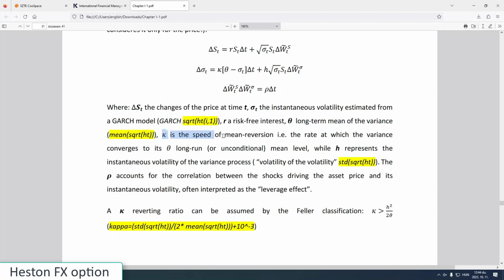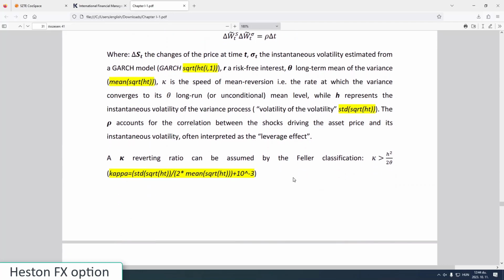We need the speed, how fast the volatility can decrease and go back to the mean value. We also need the volatility of the volatility, so how crazy is this? And also the correlation between the volatility and the change of the asset price.